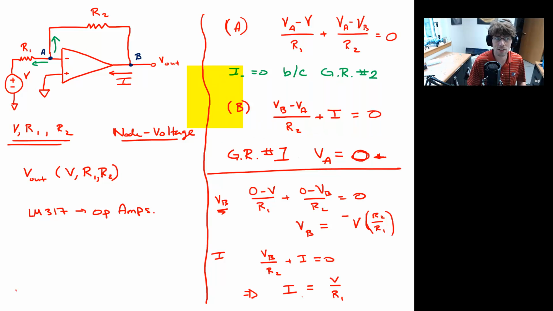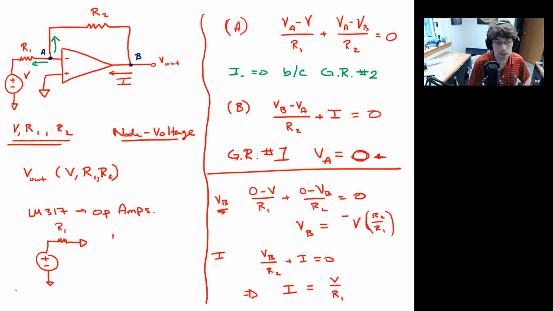If I look at just this part of the circuit, right there, the potential supply goes from ground through resistor R1 to A, which is at ground. You could almost think of it like that.